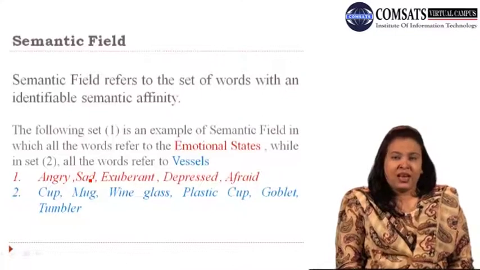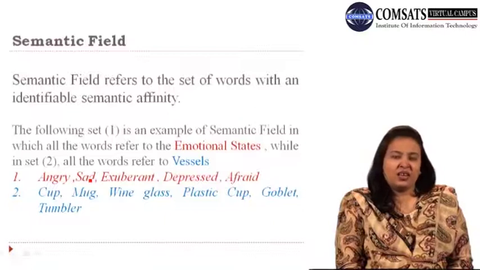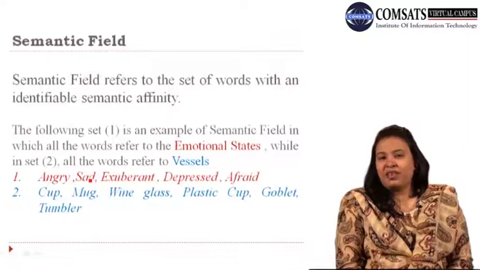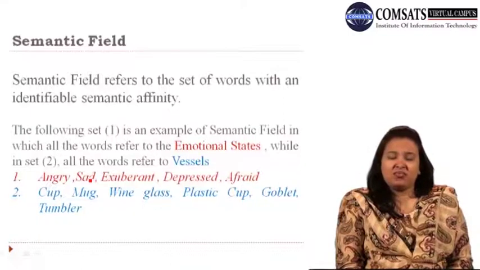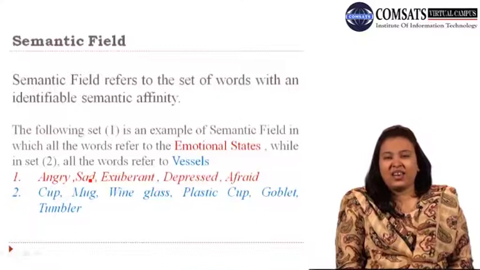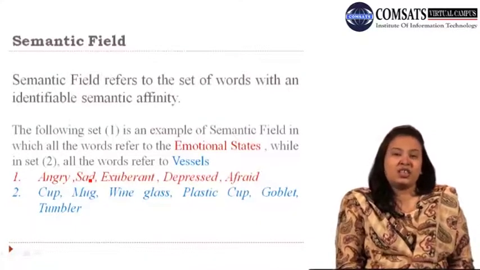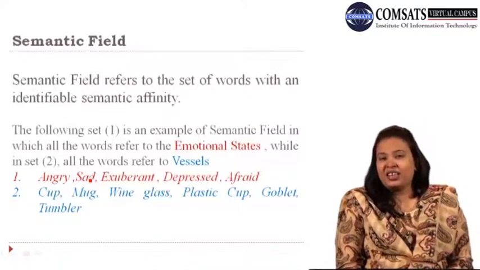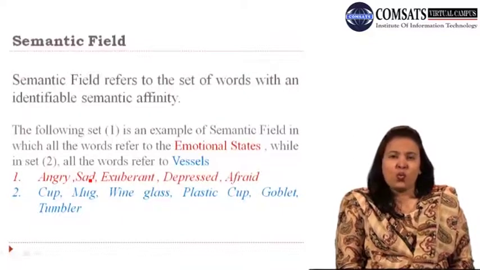I am angry, telling about my emotional state. Sad, not feeling fine. I'm sad because I'm gloomy, and this is again describing my emotional state. Exuberant, happy. Depressed, very sad, not feeling fine, again my emotional state. Afraid, again an emotional state where you are afraid of something. So all of them have a semantic affinity. Can you identify that semantic affinity? Well, what is the relationship?